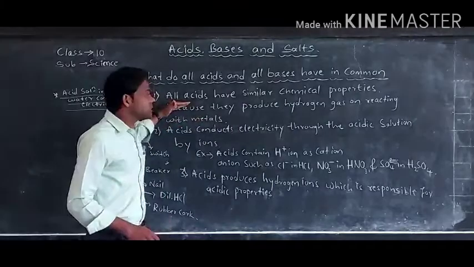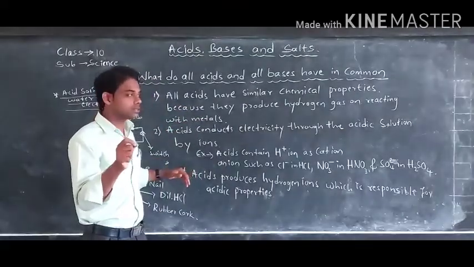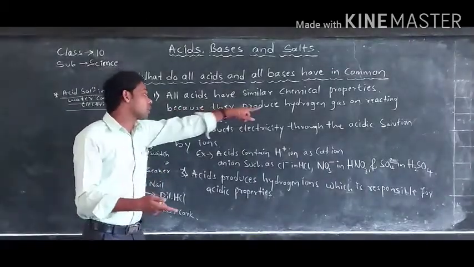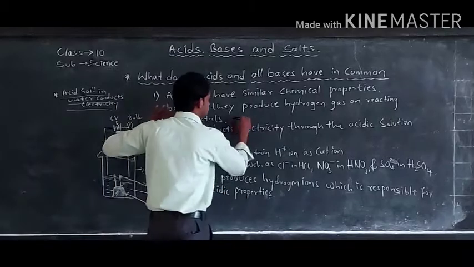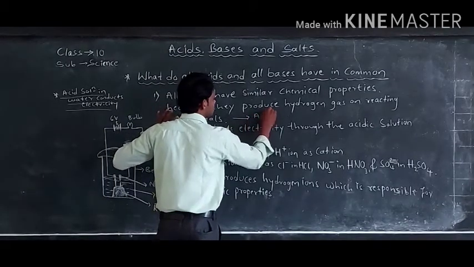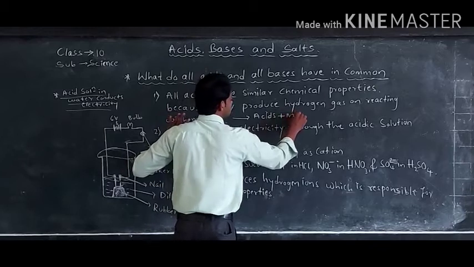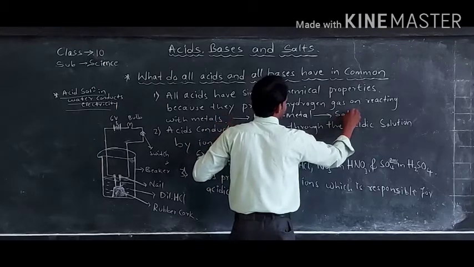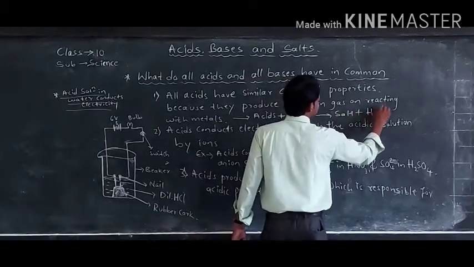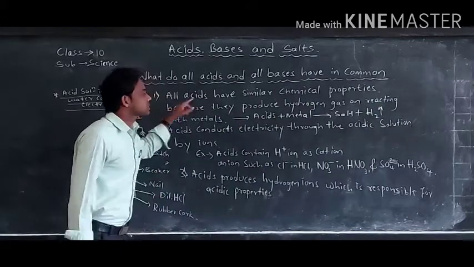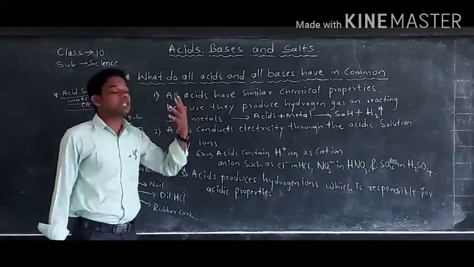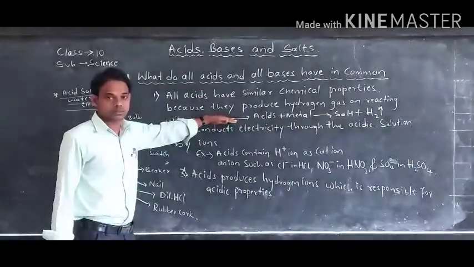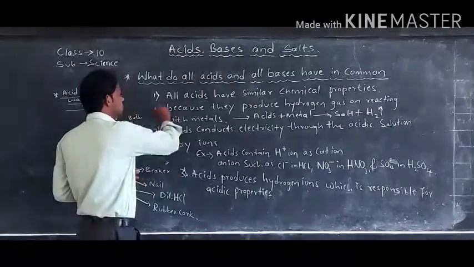All acids have similar chemical properties because they produce hydrogen gas on reacting with metal. Acid plus metal gives salt plus hydrogen. This we already learned. This is the first property.